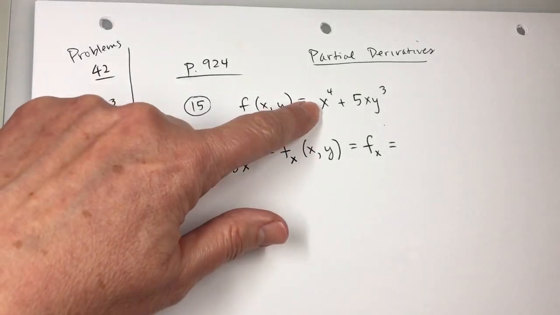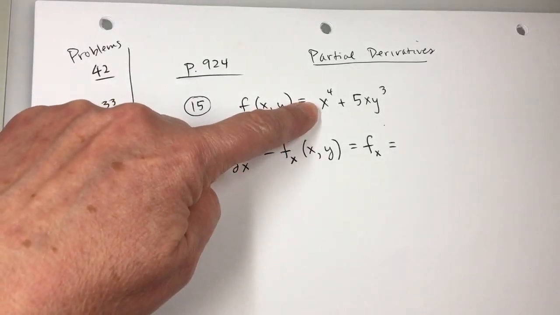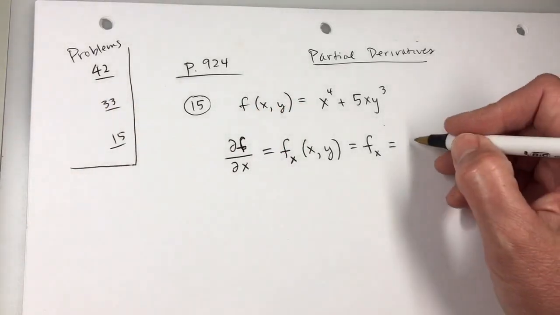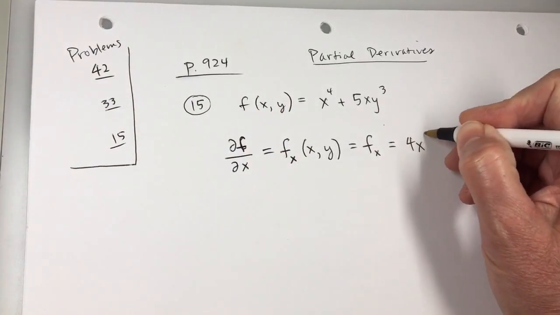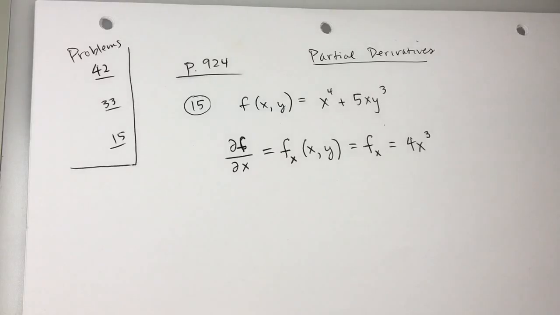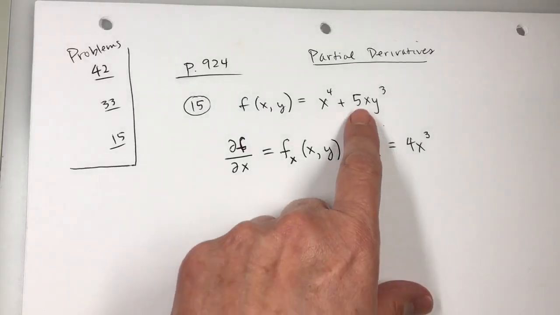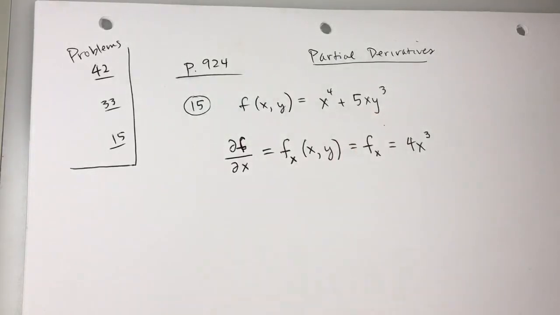If I'm doing the partial derivative with respect to x, I will say, okay, what's the derivative of x to the fourth? 4x cubed. And then for this, 5xy to the third, I would do the derivative of x, which is 1. And the 5 and the y to the third are constants.